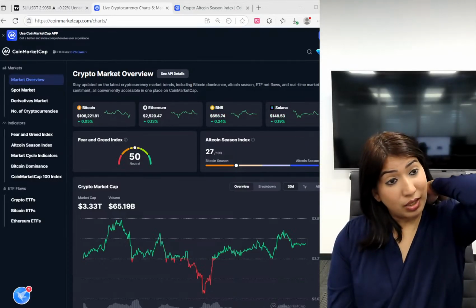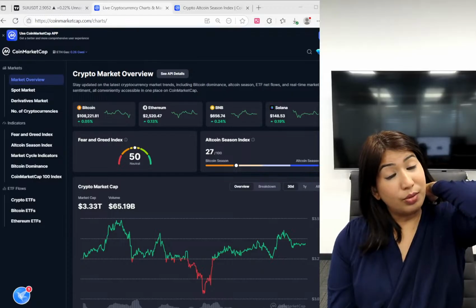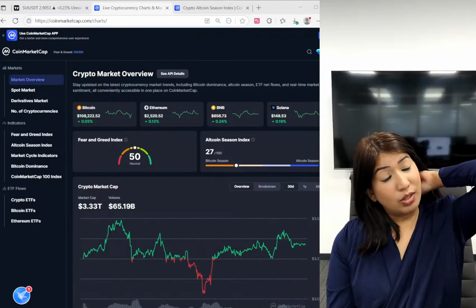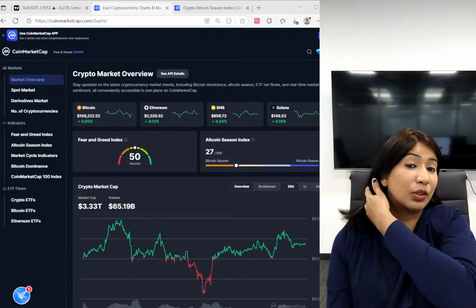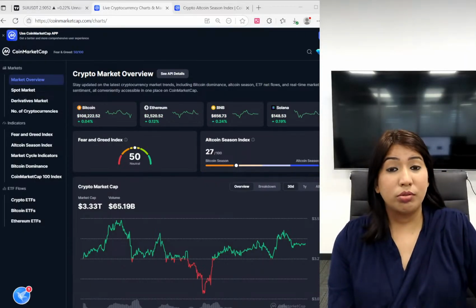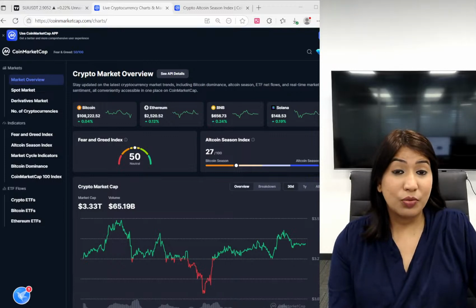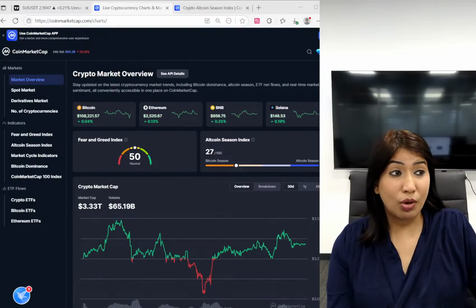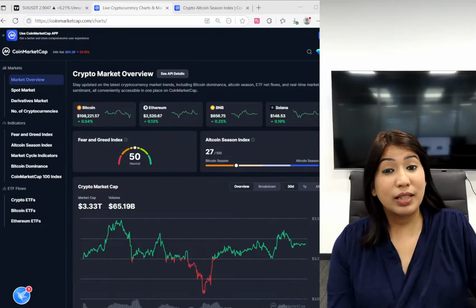conclude on that part, I would want to reiterate the things to watch out for in the month of July. That's for us to pay attention to: US Crypto Week, July 14th to 18th, with potential breakthroughs or setbacks on key crypto legislation.